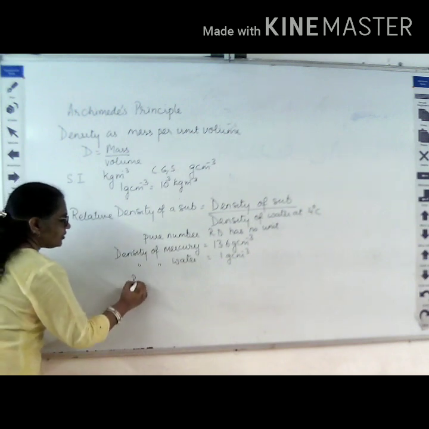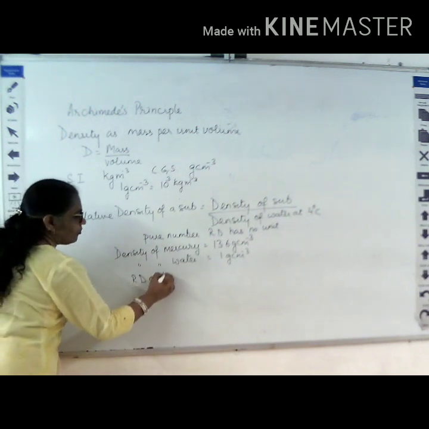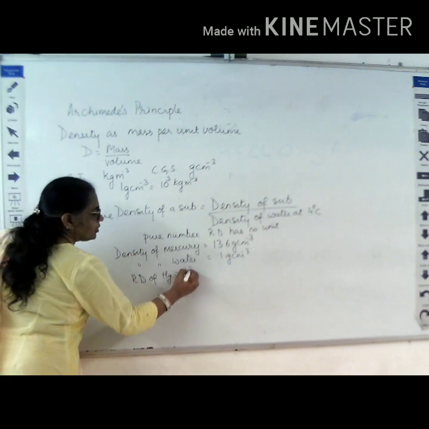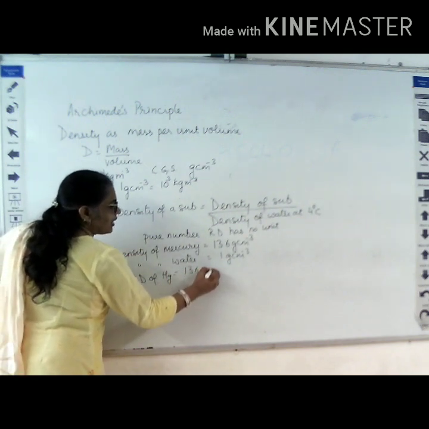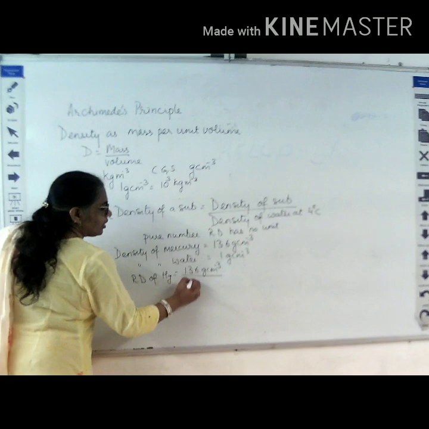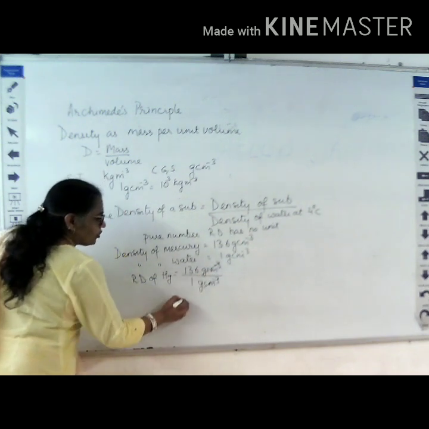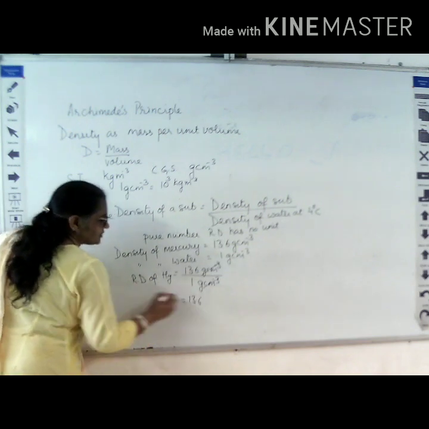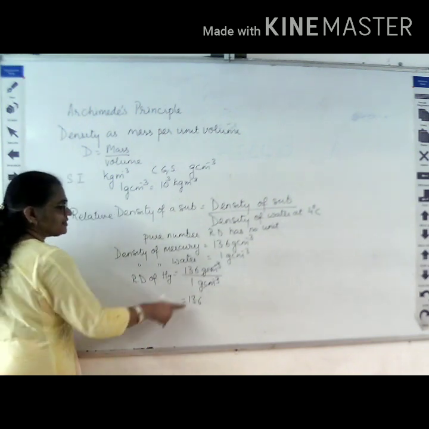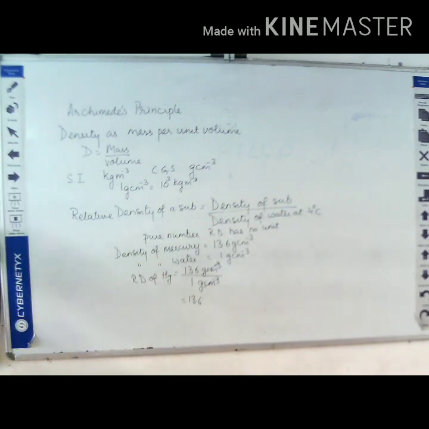That means relative density of mercury is equal to 13.6 gram per centimeter cube upon 1 gram per centimeter cube, right? So what do I get? 13.6. So over here you can see that there is no unit for relative density, and I am getting the relative density of mercury as 13.6, which means that mercury is 13.6 times heavier than water.